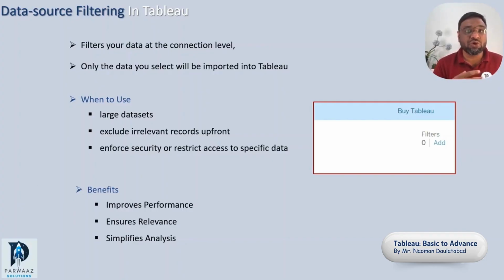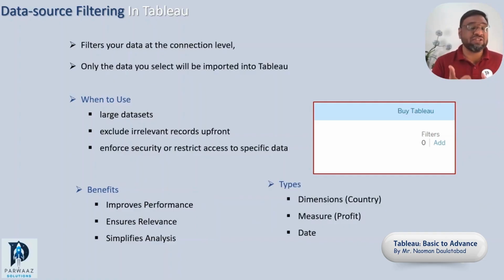It also ensures relevance as it removes the unwanted or noisy data from your data set, and the analysis will also be very simple because it keeps your visualizations focused on the most important aspect of your data set. We can apply the filters on dimensions like country, or on measures and dates.